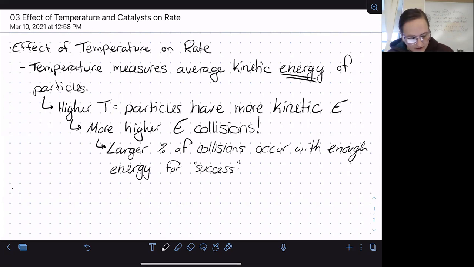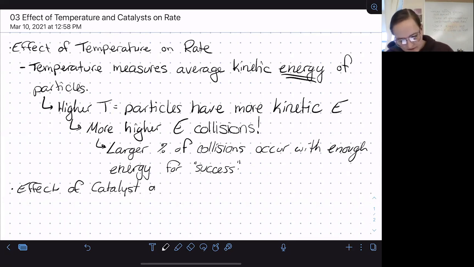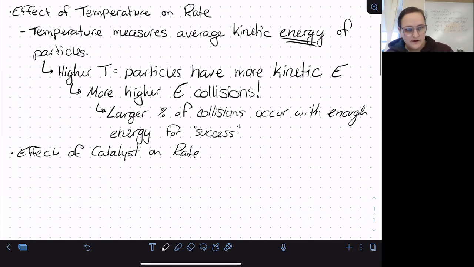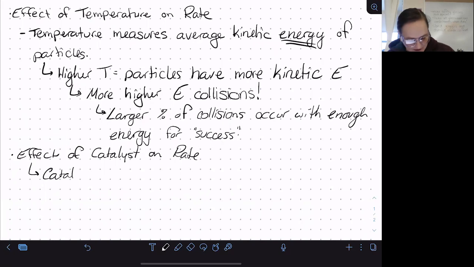And then the last factor we are going to talk about is the effect of catalysts on the rate of reaction. You have likely heard of catalysts before as something that increases the rate of a reaction. A catalyst has as part of its definition that it affects the kinetics.